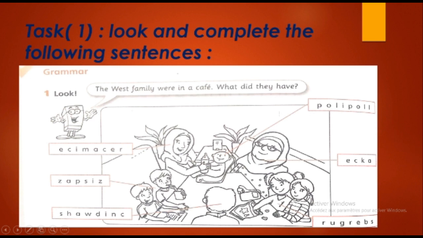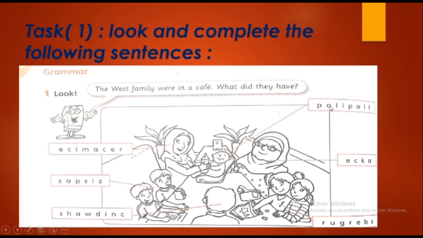Look at dad. Can you guess what the word is? Let's start with son. Can you complete the word? Yes, excellent. It's sandwich. Now look at the baby. What did he have?